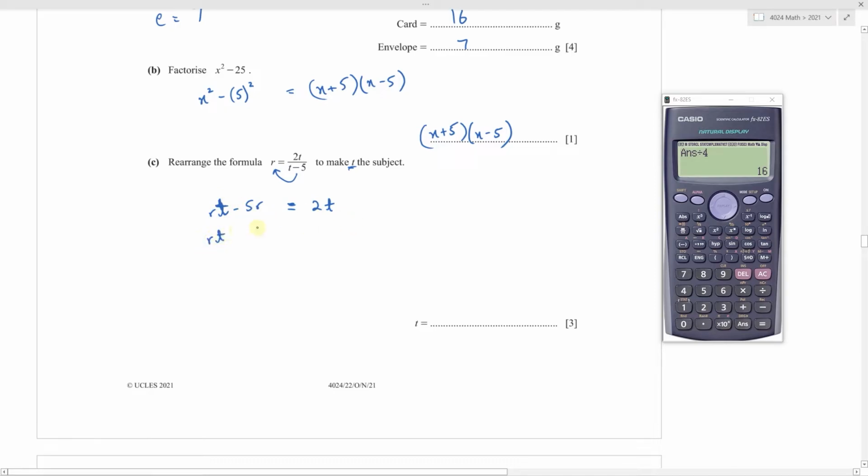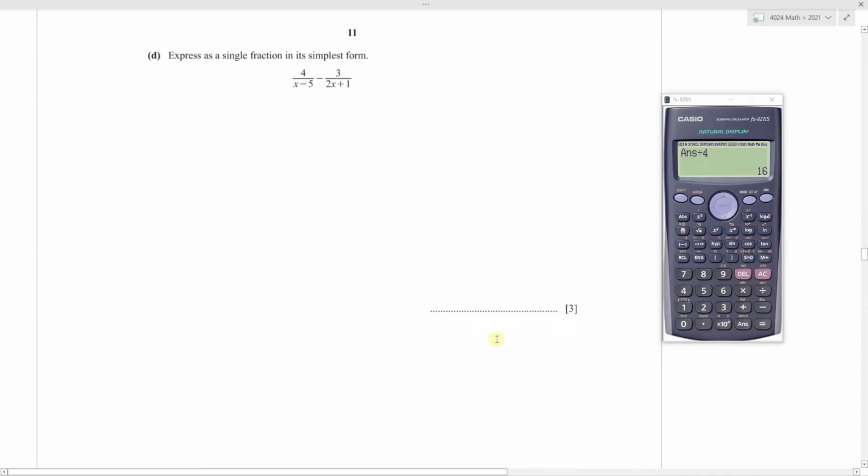So rt minus 2t will equal 5r, and then take t common. t times r minus 2 equals 5r. So t will be equal to 5r over r minus 2.